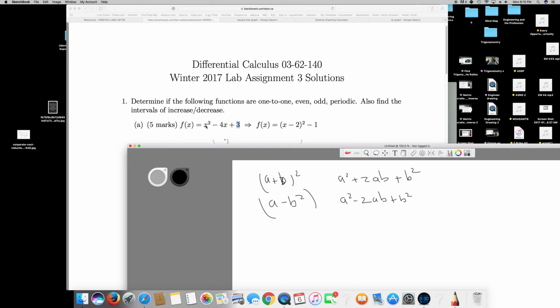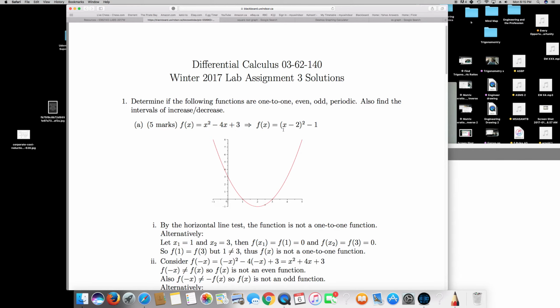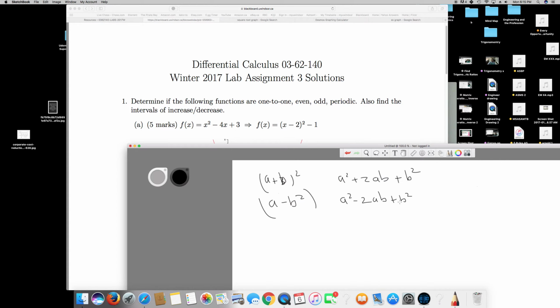So in this case, it's similar to the second equation, a minus b square, but to bring it to this form, I had to have a square right here. So that's why I said put the 4 and put minus 1. Therefore we can bring it to that formula, because the middle term 4x is 2ab, and 4 is 2 square.